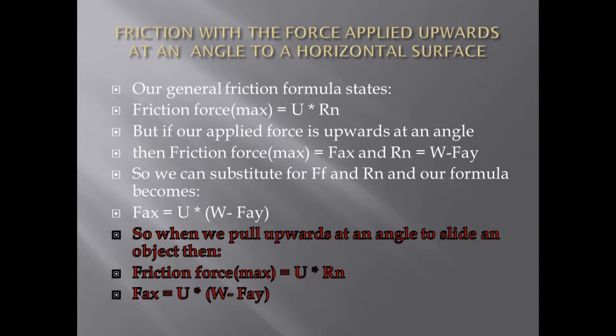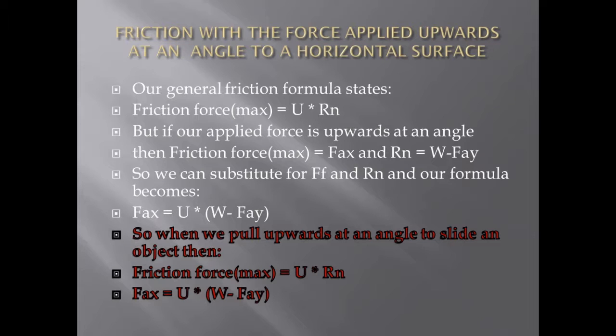Our general friction formula states the maximum friction force equals the coefficient of friction times the normal reaction force. But if our applied force is upwards at an angle, then the maximum friction force equals the horizontal component of the applied force, and the normal reaction force equals the weight of the object minus the vertical component of the applied force.